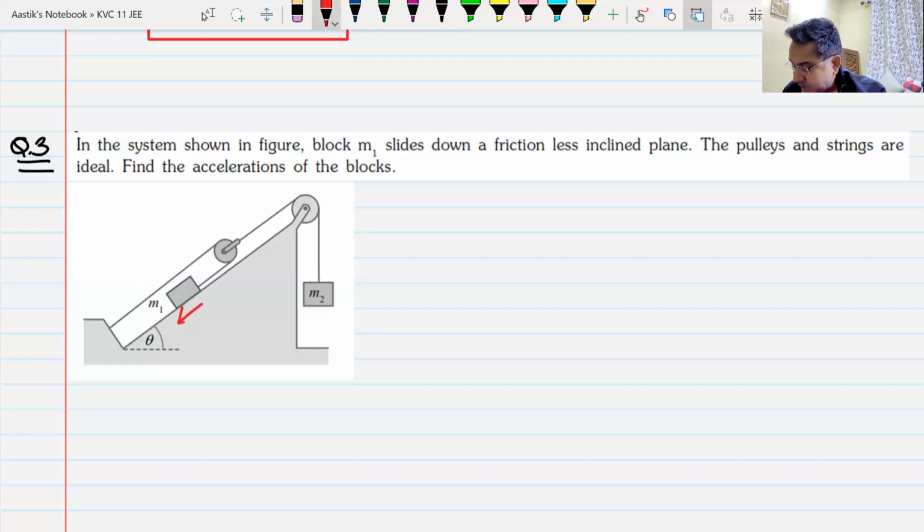If m1 goes down by x1, where will m2 go? Upwards. So first of all, you will have to find the constraint relation between x1 and x2, and then solve the equations and get the answer. Your time starts now.